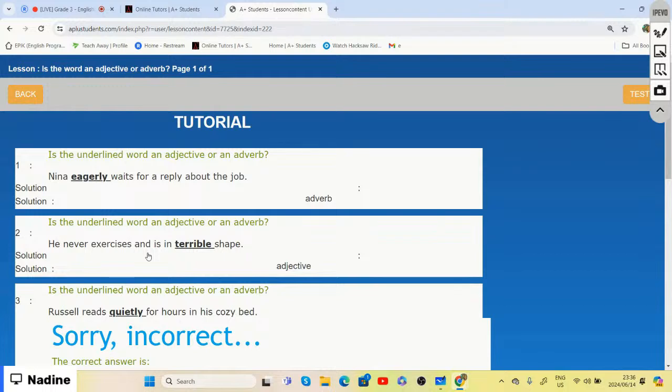So Nina eagerly waits for a reply about the job. Do we say it's an adverb? Eagerly, is it an adverb or is it an adjective?